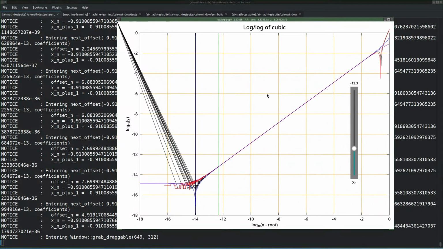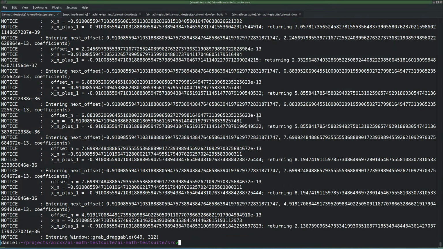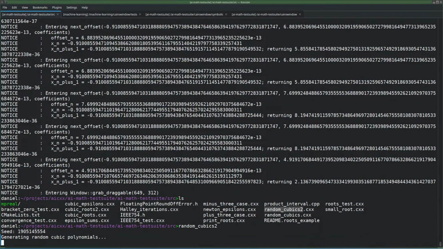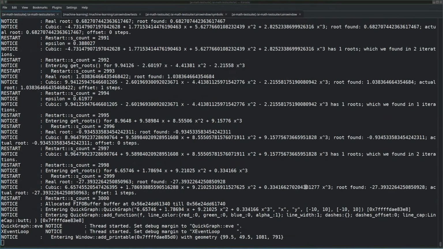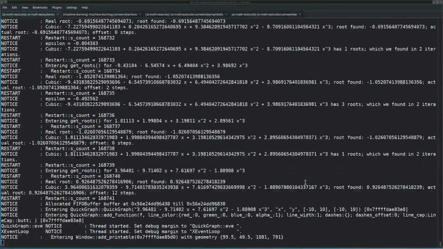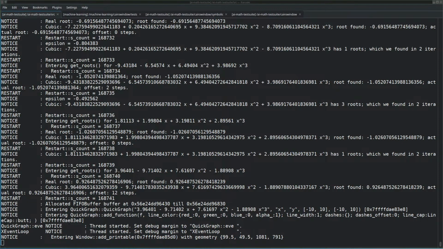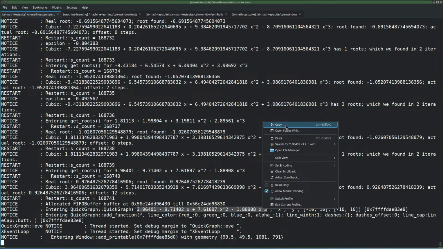Let's try another cubic. I think this program is generating cubics that are probably problematic. So could you stick this on, say, why not? That is this one. Copy.